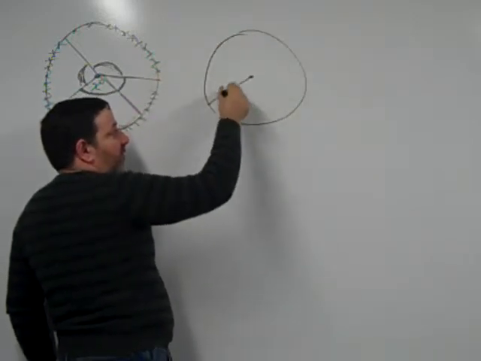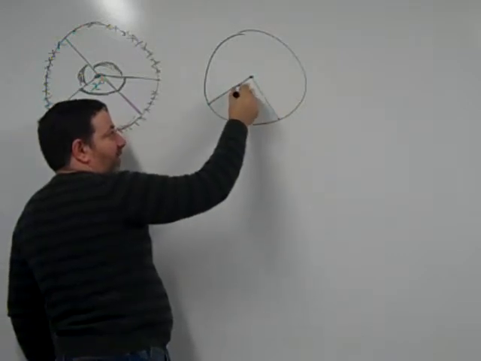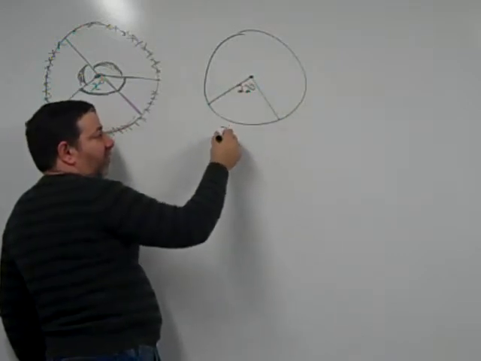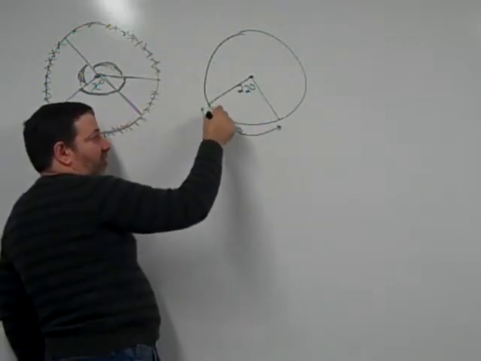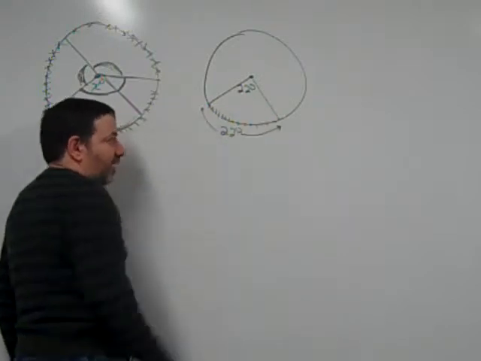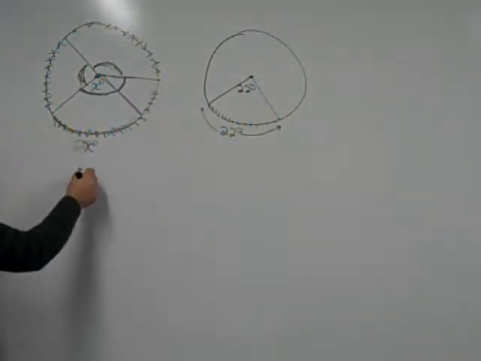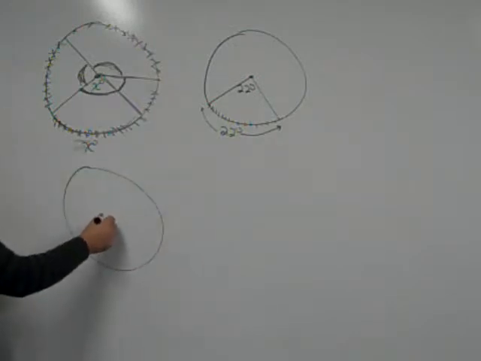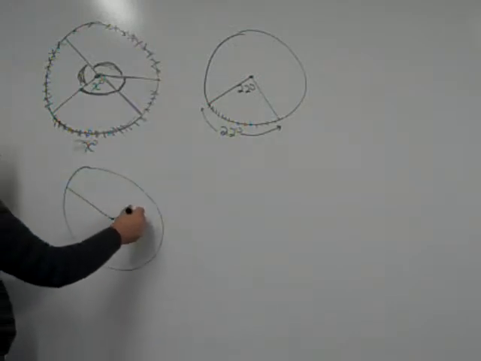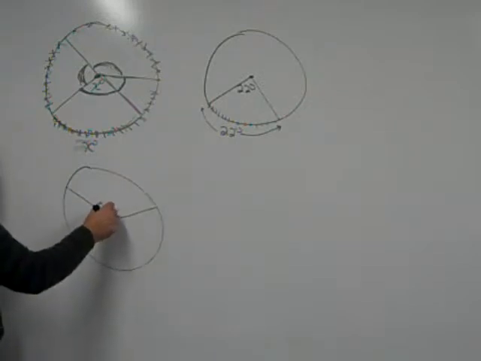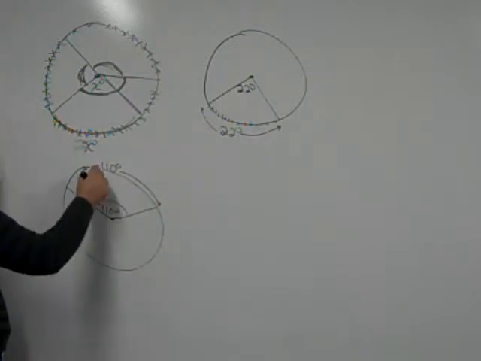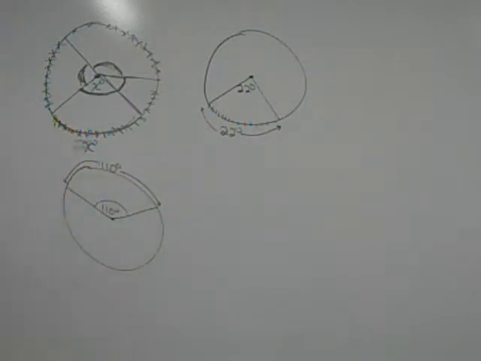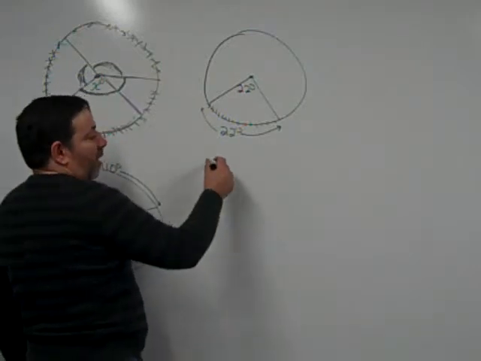If this is the center and this angle here is 22 degrees, then this arc here is 22 degrees. If this angle is 110 degrees, then this arc is 110 degrees. They're the same.